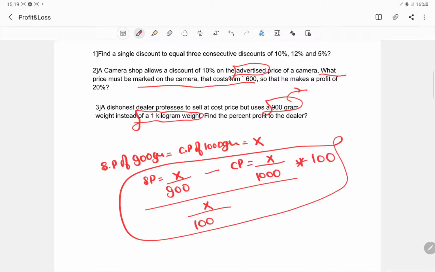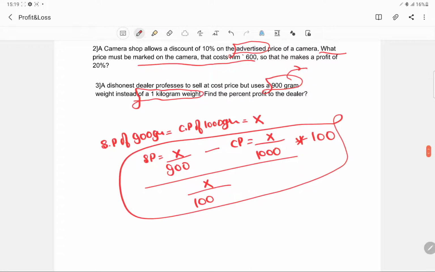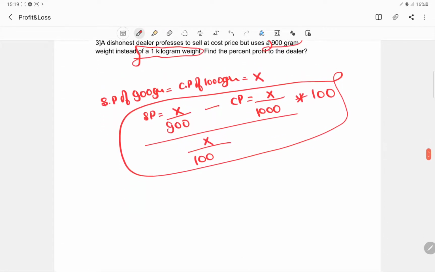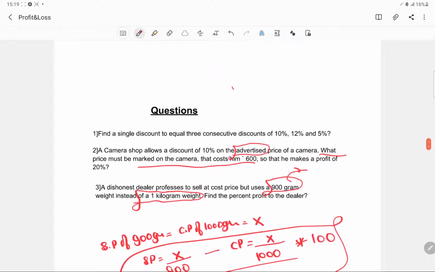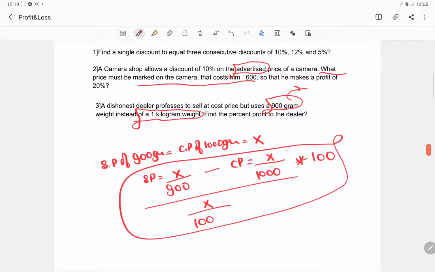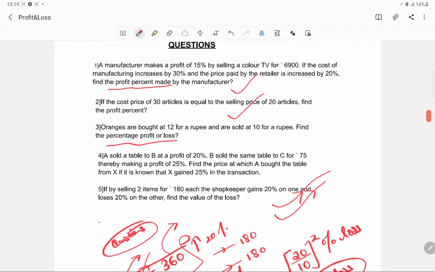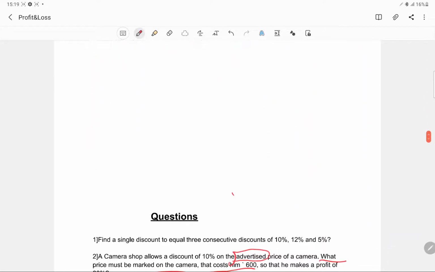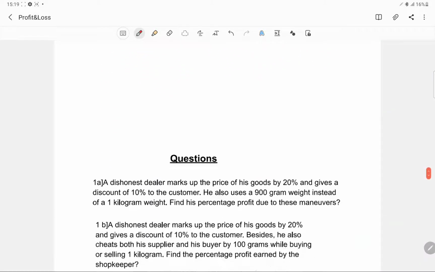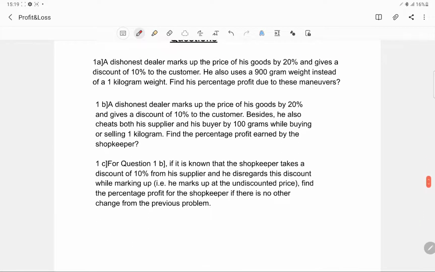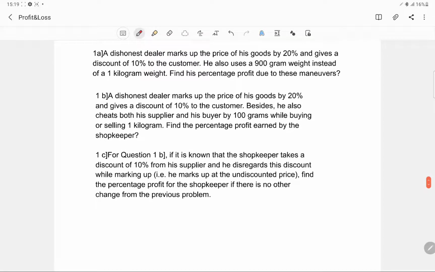So either you sell an article at a higher price, or you can cheat in terms of the quantity. All these questions were important as they were giving you an idea of what percentage, what marked price, what discount is all about. Now come on to the questions that have a good level.